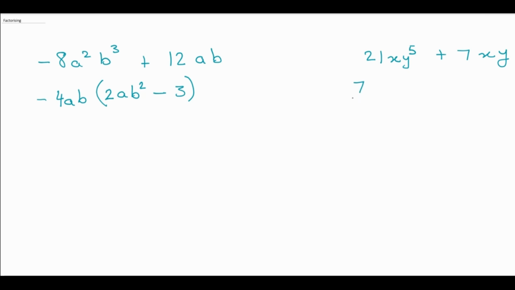Let's now have a look at our letters. We have x and x on both terms. So I can take out a factor of x, given that they're both the same over here. Let's now move to the y's. Y to the power of 5 and y. The highest amount of y's that I can take out from each of these is just one y.